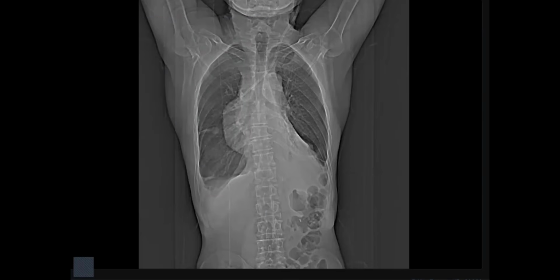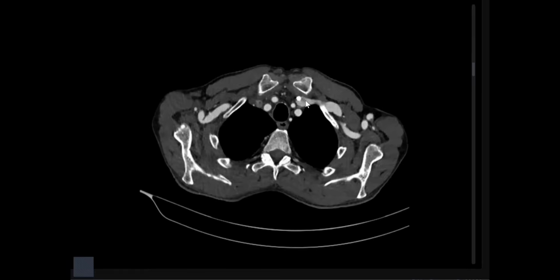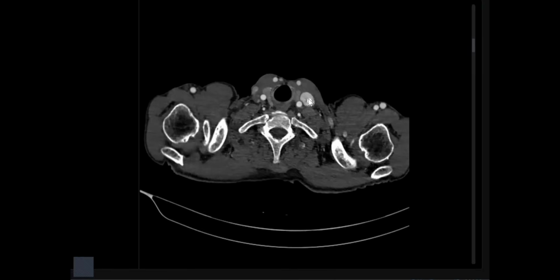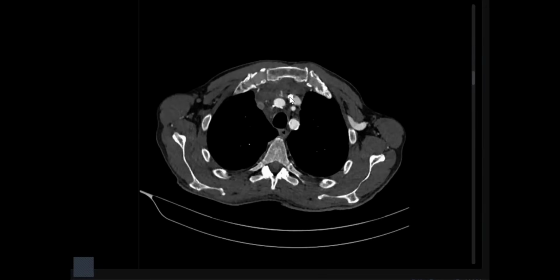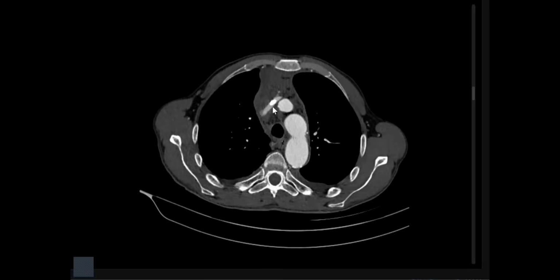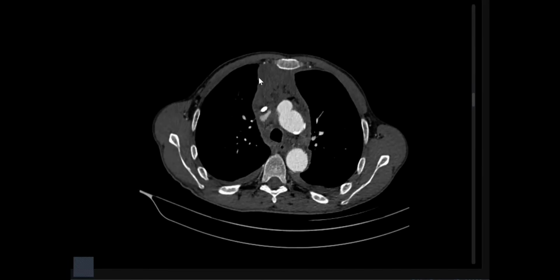And regarding the CT scan, very good to assess the course of the catheter from the internal jugular, left brachiocephalic, then pierced here outside the vessel. So it leads to mediastinal hematoma.